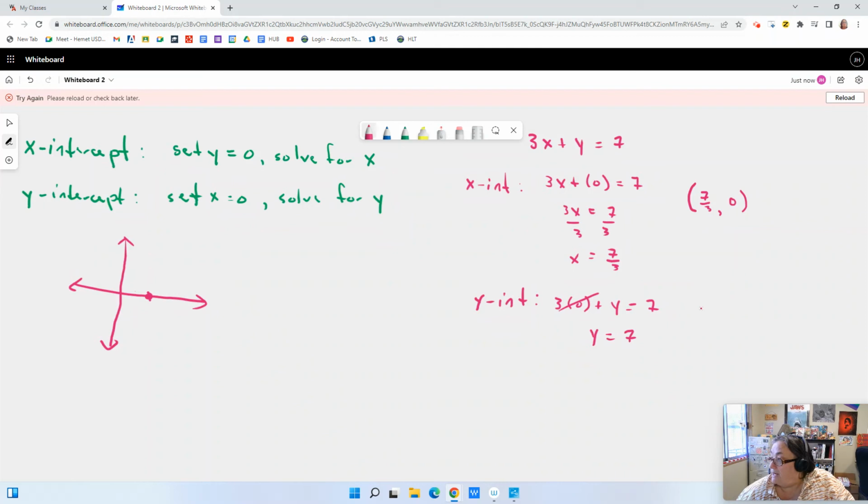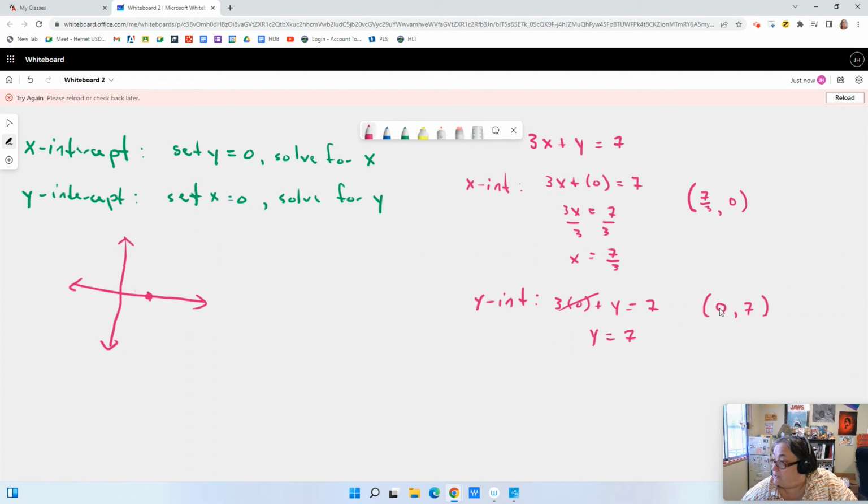So the point there would be y equals 7 for that intercept. What would the x value be? Valerie, what's the x value on this one? Yeah, it's 0, because that's how we found it. We made x 0.